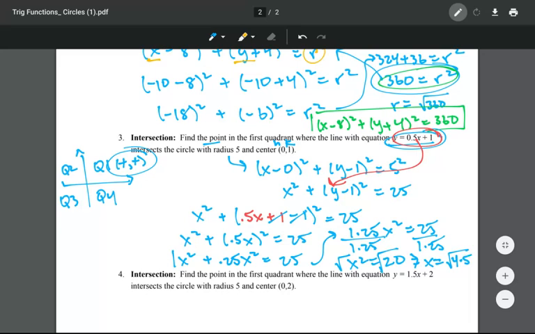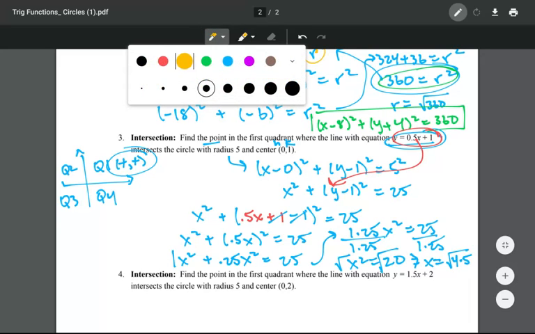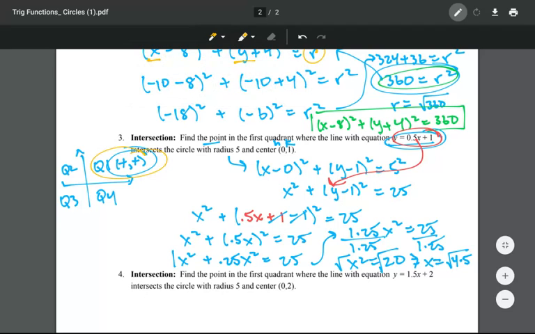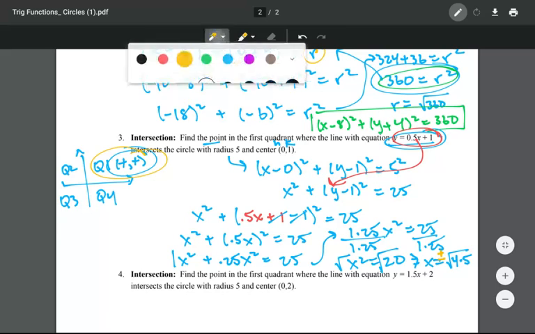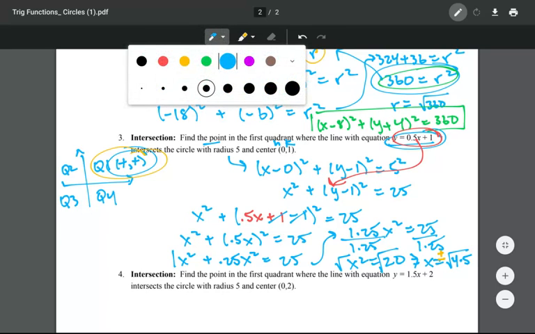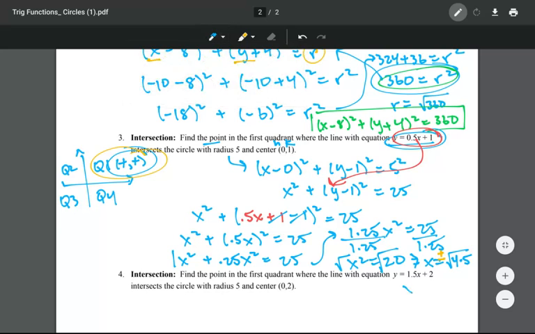I'm going to write that as 4 times 5. There would be a plus or minus on this, but remember I'm in quadrant 1, so I really just want the positive. So 20 is 4 times 5, and let's simplify that into x is equal to 2 square root of 5.